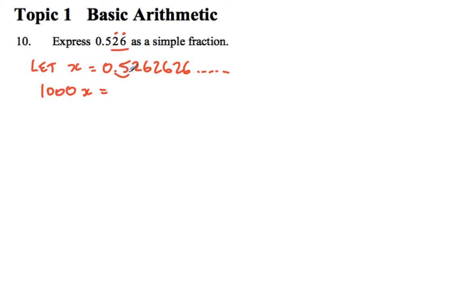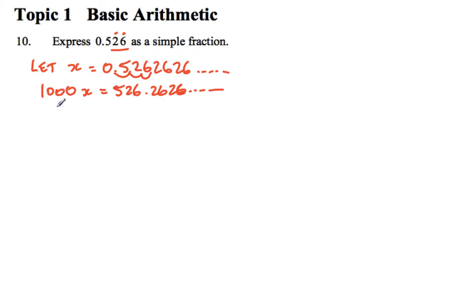If I multiply this by 1,000, that decimal point will move across here. Can you see that that's going to be 526.2626 and onwards? And then if I multiplied just by 10, I'll get the repeating section after the decimal point again.